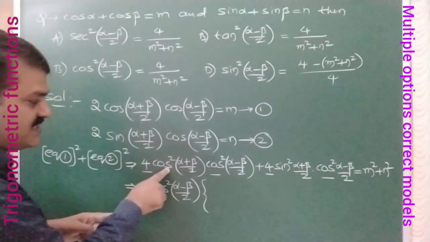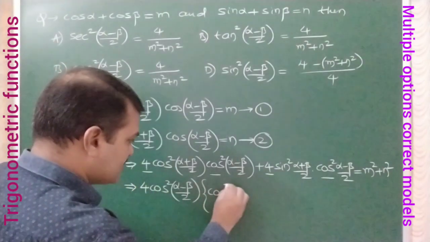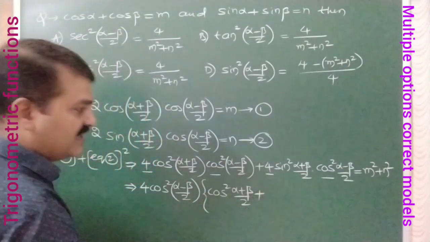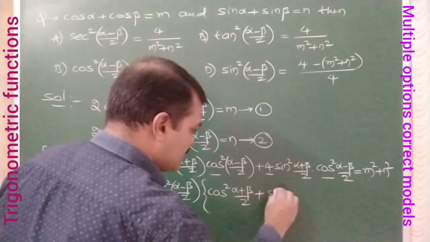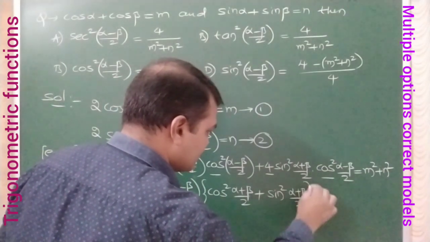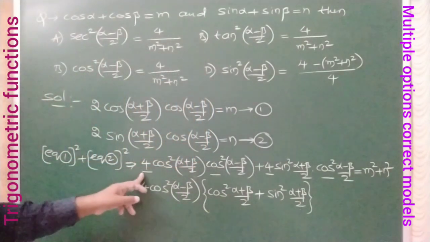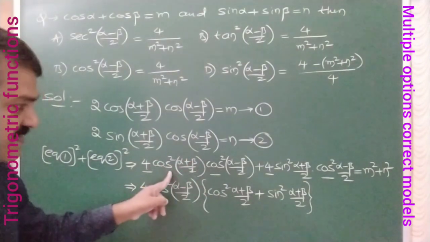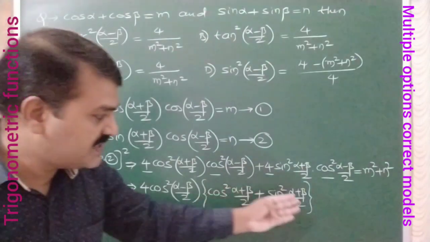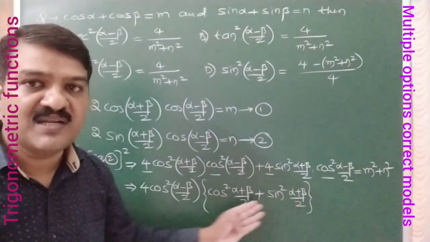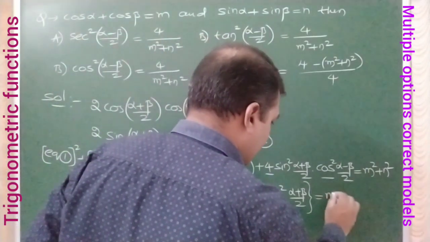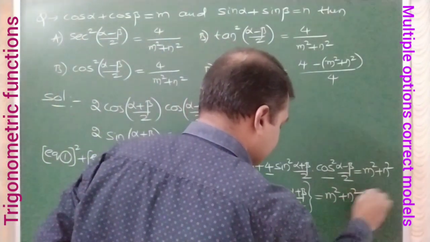In the first term, cos square (alpha plus beta)/2 is left. In the second term, sin square (alpha plus beta)/2 is left. Now clearly this is cos square theta plus sin square theta, which becomes 1 by identity. So this becomes 1, equal to m square plus n square.